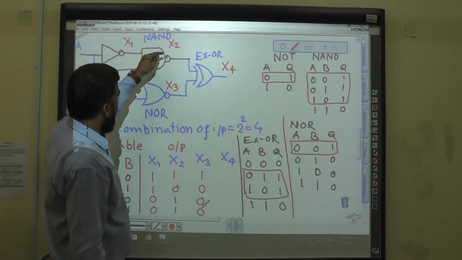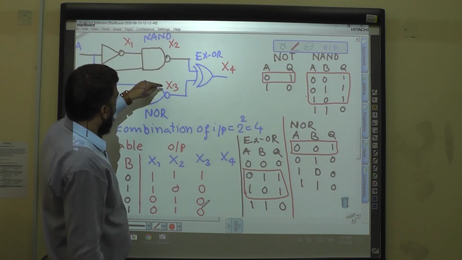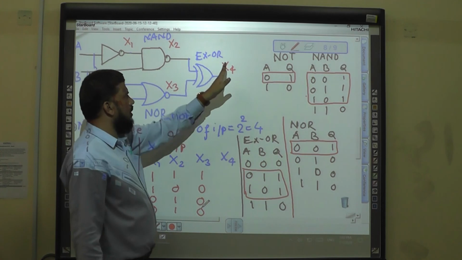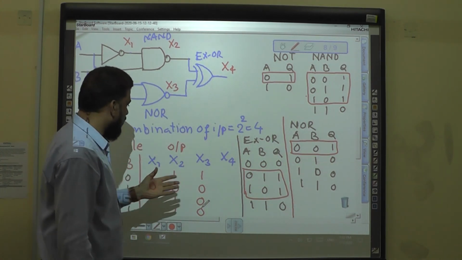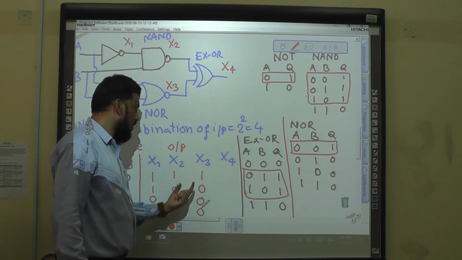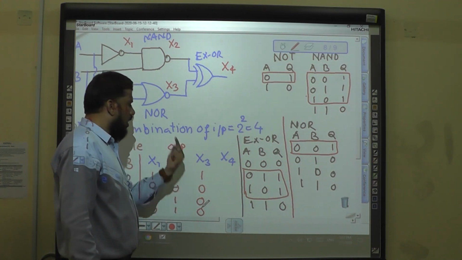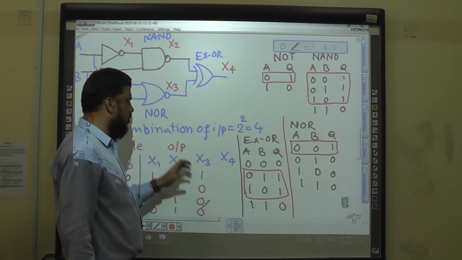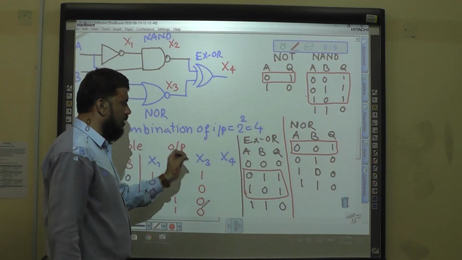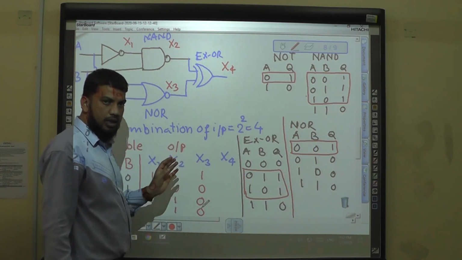The combination of these two will produce the XOR output, that is called x4. We can put the output high if x2 and x3 are different. If both inputs are the same, the output will be 0.